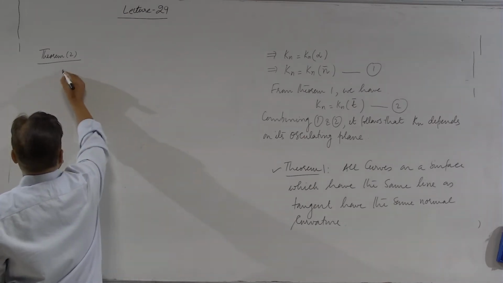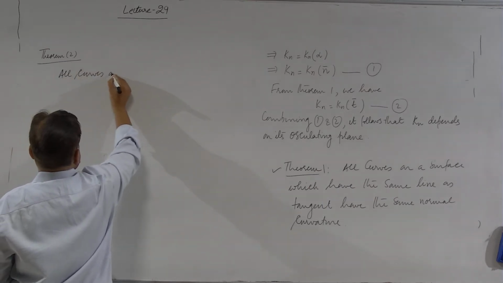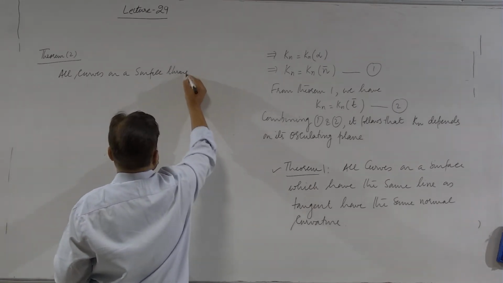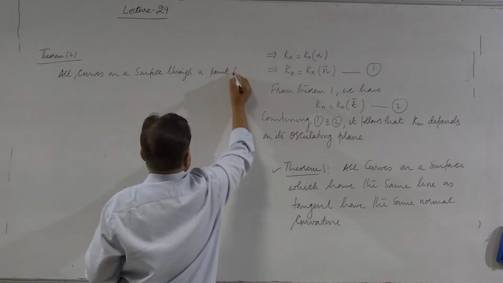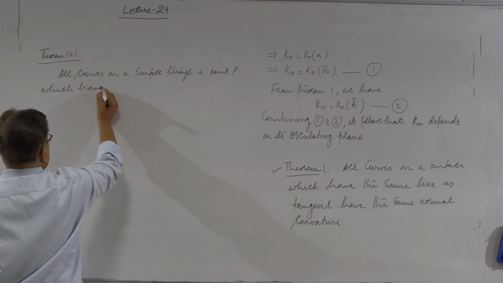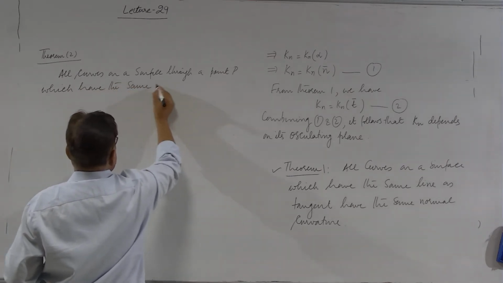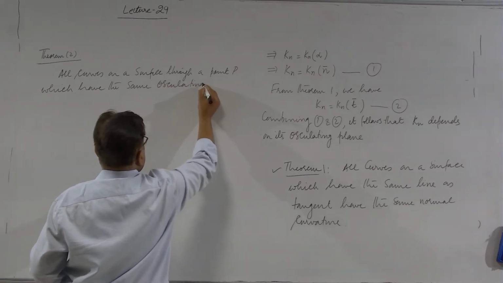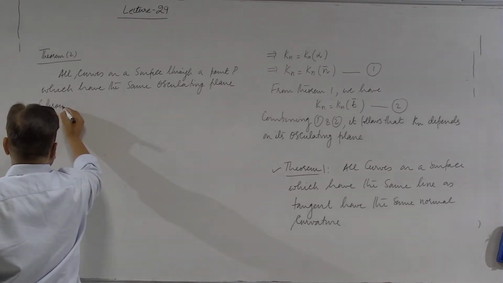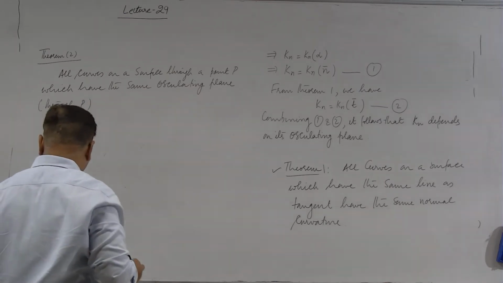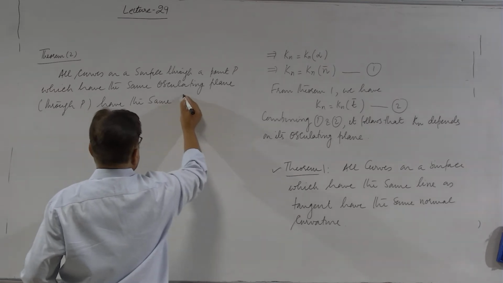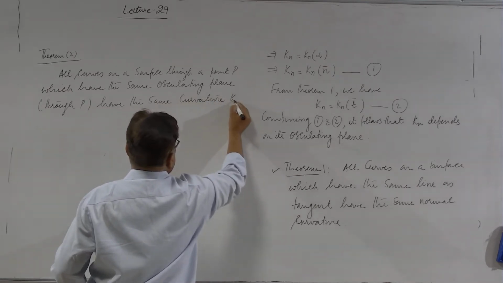All curves on a surface through a point P which have the same osculating plane through P, of course, have the same curvature K at P.